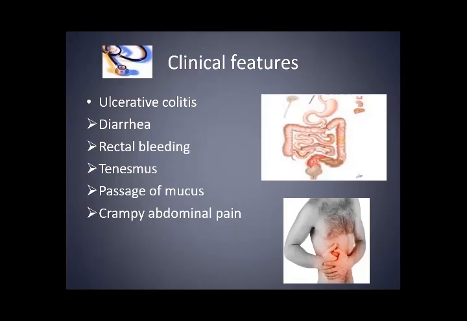It may present with proctitis, or the patient may have diarrhea, rectal bleeding, tenesmus, passage of mucus and crampy abdominal pain. Proctitis usually causes urgency and severe pain. The patient has very bad tenesmus and urgency in case of proctitis. Otherwise, they will have diarrhea leading to mucus per rectum and bloody diarrhea.